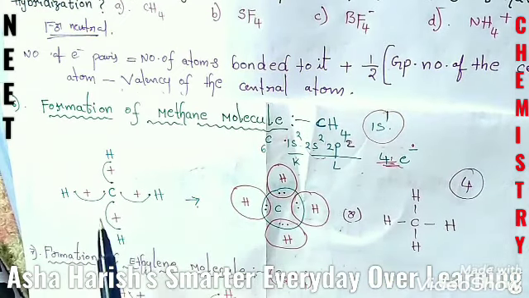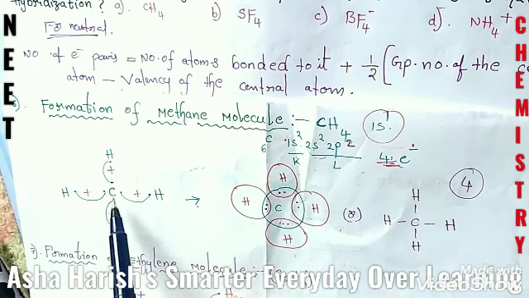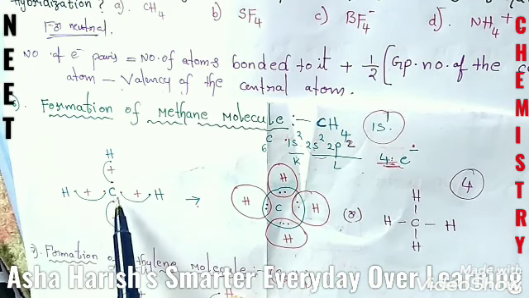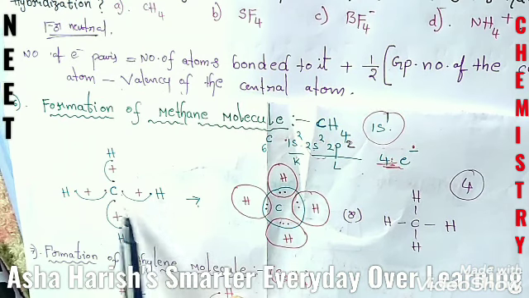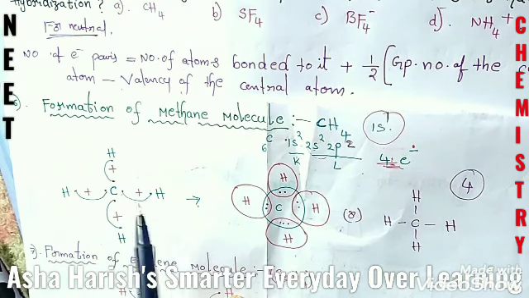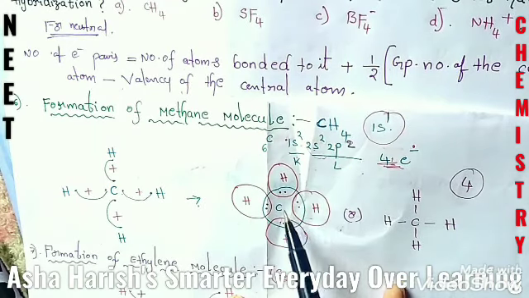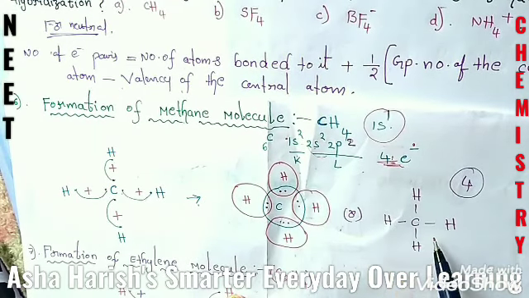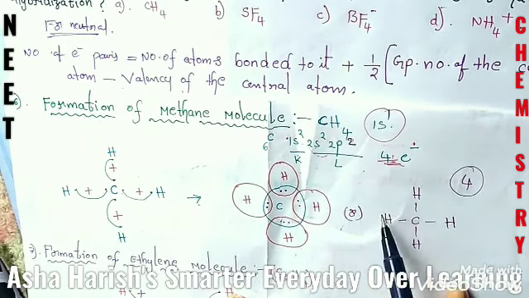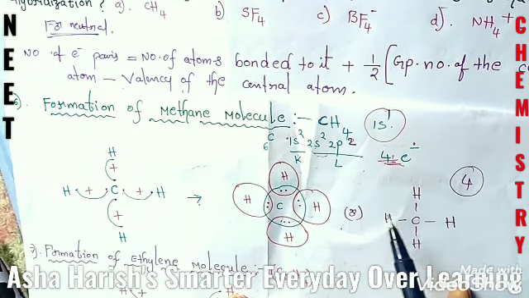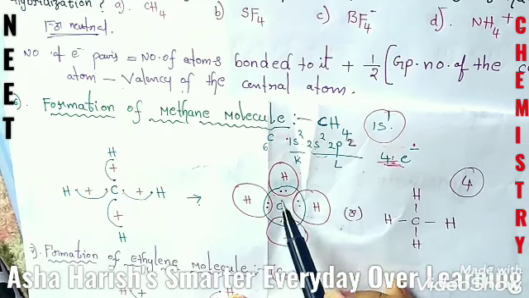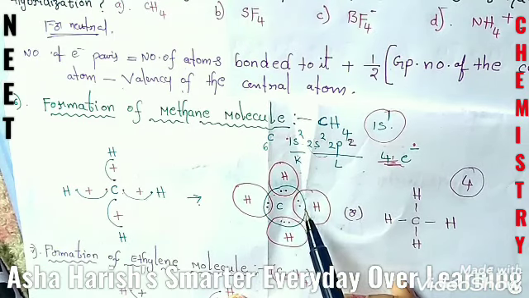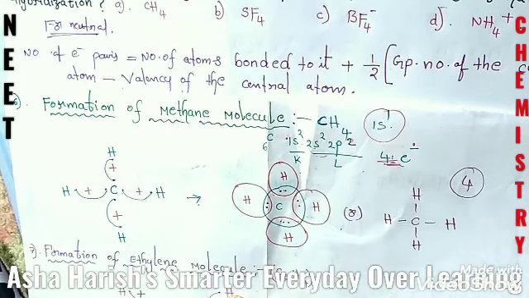By the combination of these electrons, carbon's valency of 4 and the one electron belonging to each hydrogen combine, and like this the molecule is formed. This is the CH4 structure. Okay students, the valency electrons you know very well, those are 4 electrons, and the number of electron pairs here: 1, 2, 3, 4, right, 4 pairs of electrons.